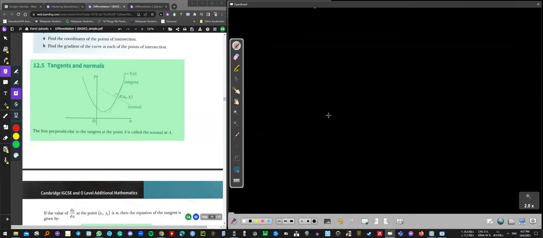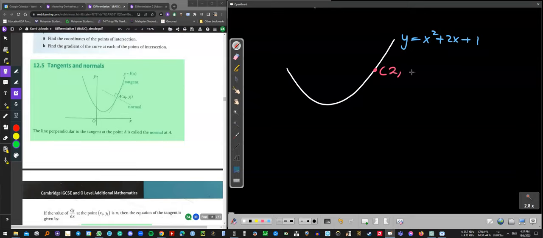The way I remember this, to see the difference. Every curve must have coordinates on it, right? So let's say the curve is y equals x squared plus 2x plus 1, for example. And there is a point there, if I say x is 2, what is y? Calculate it mentally. 4 plus 1 is how much? 9. So 2, 9 is a coordinate. And there is a line, it is a tangent, touching the 2, 9 coordinate.